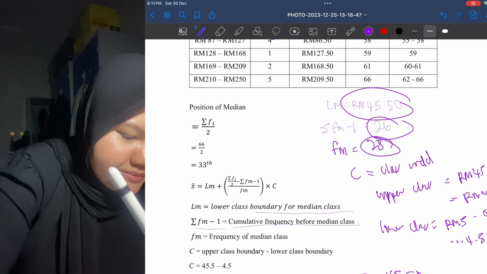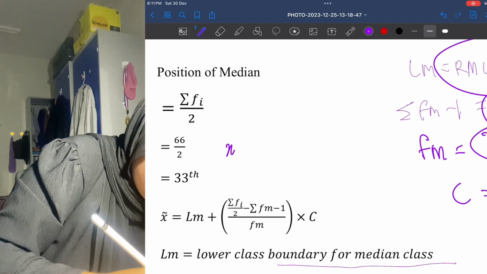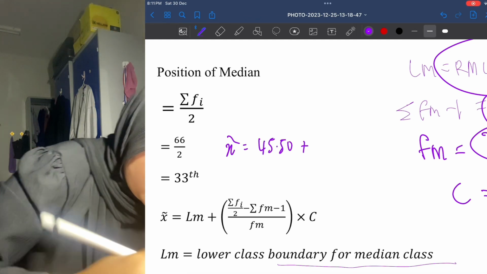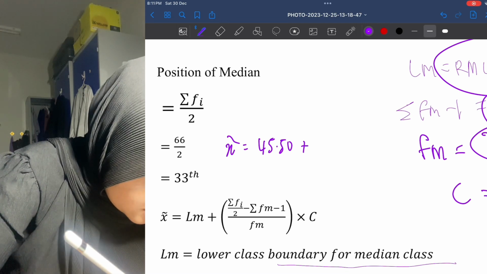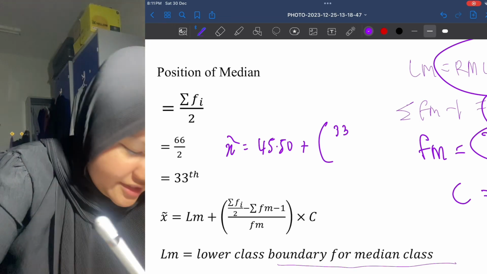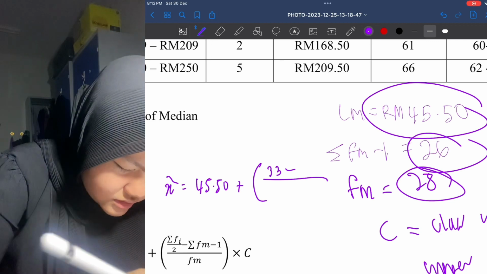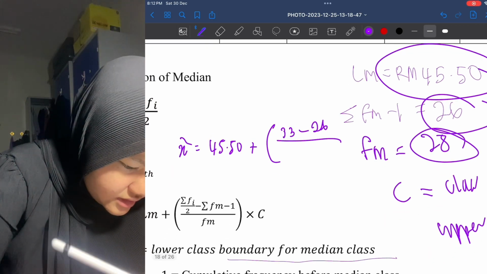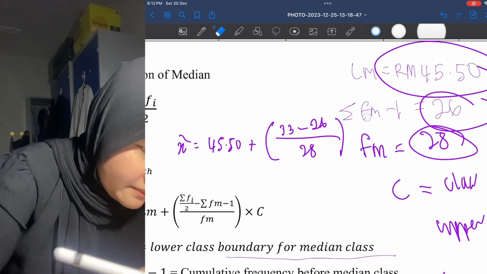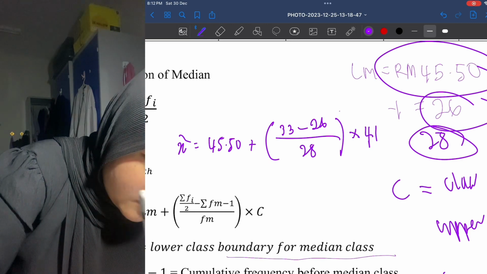We know LM is 45.50, plus the position of the median 33 minus 26, then divide by 28, and then multiply by C, which is 41.